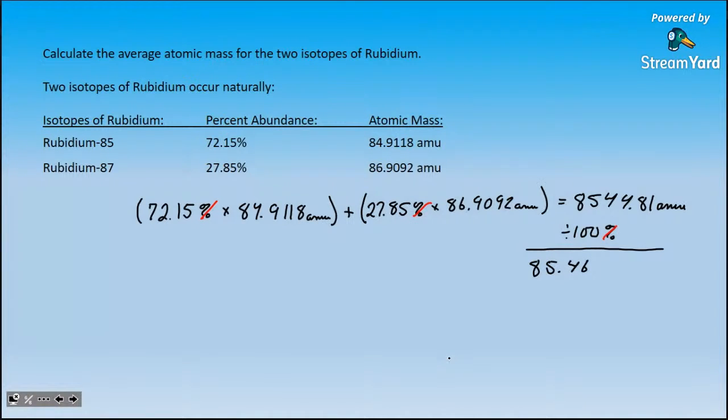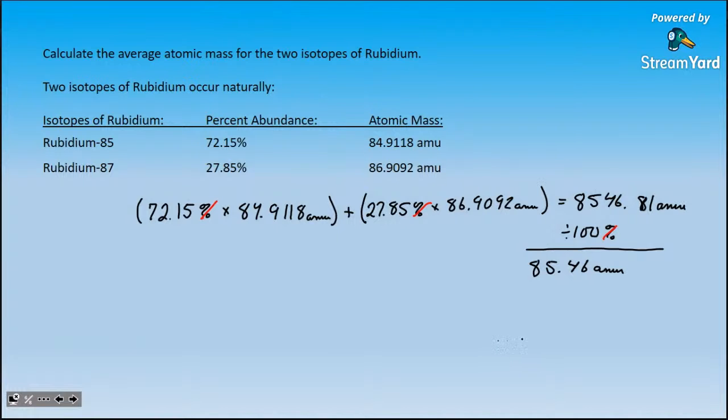I wrote something wrong up here. Sorry. That is 8,546, not 44. I just read off my calculator wrong. My apologies on that. 6. And then again, AMUs.